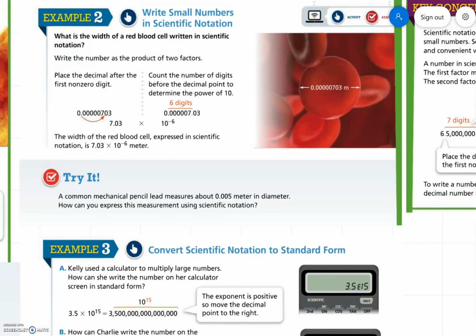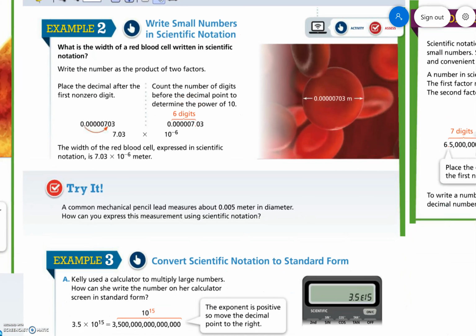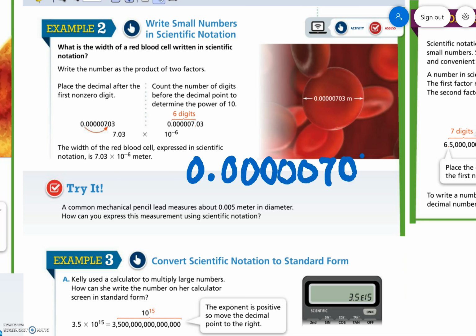Next page, example number 2. Write small numbers in scientific notation. What is the width of a red blood cell written in scientific notation? So again, you still need to have a number between 1 and 10, and then a power of 10. I'm going to rewrite this number so it's a little bigger. 0.703.